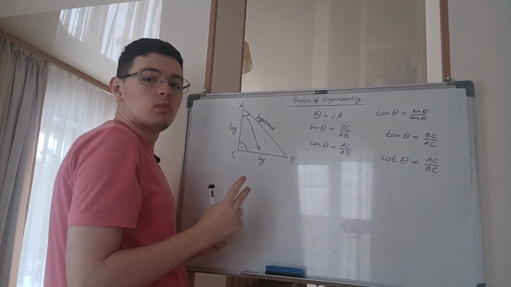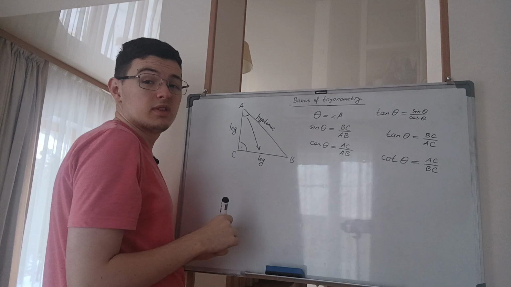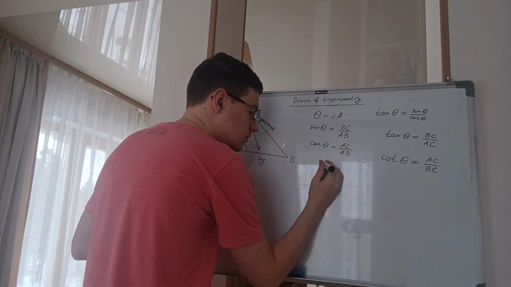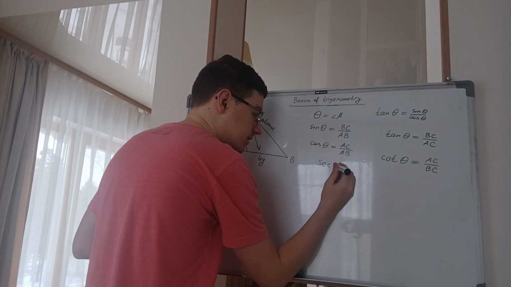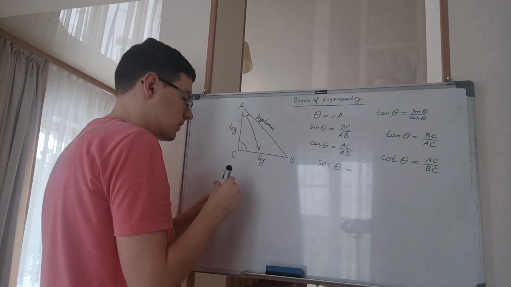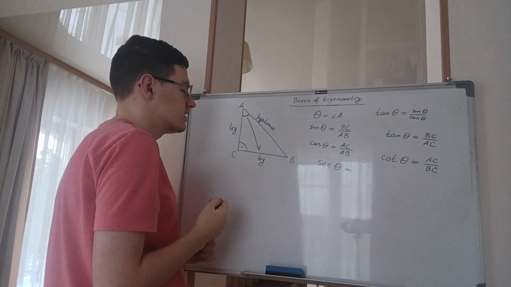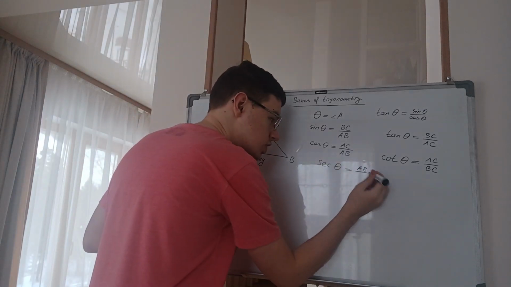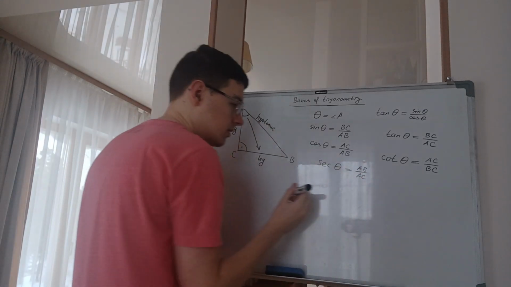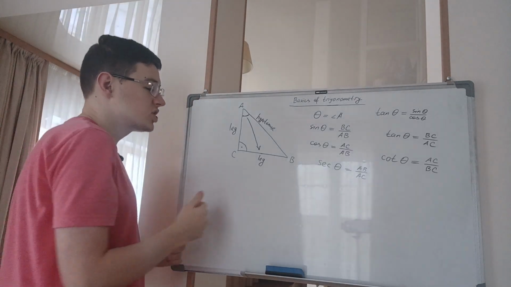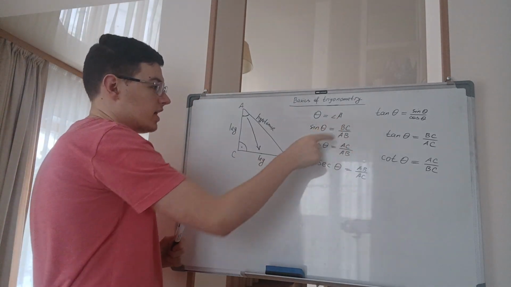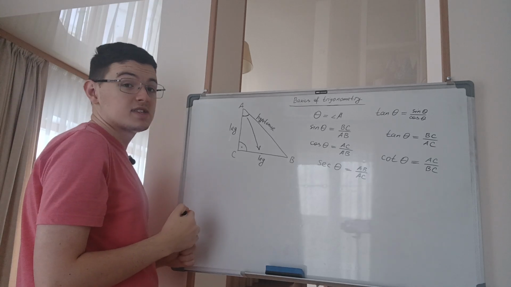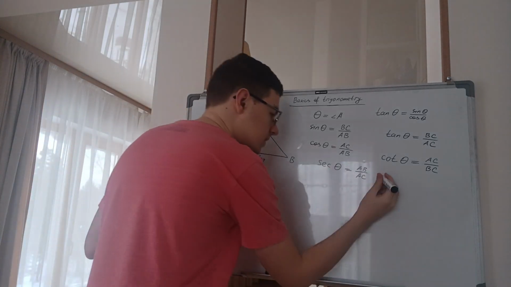And we have two more functions, but they're not that important, though it would be useful to remember them. The secant of theta is the ratio of the hypotenuse to the adjacent line. The adjacent line for theta, which is the angle A, is AC, since AC lies just next to this angle.